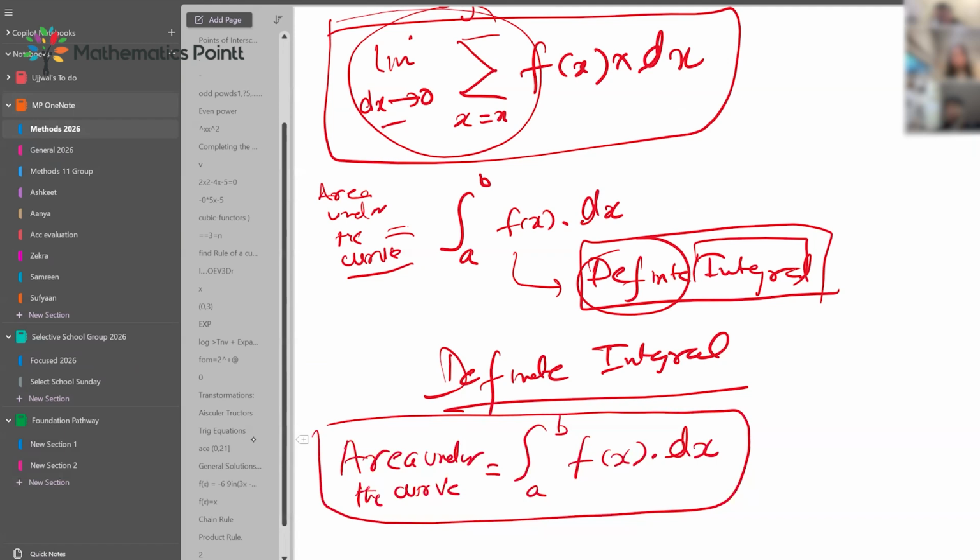That is the concept of what definite integral is all about. They took rectangles, length times width, between the 2 points, joined them all together with very, very small width, and it became infinite. It became definite integral.